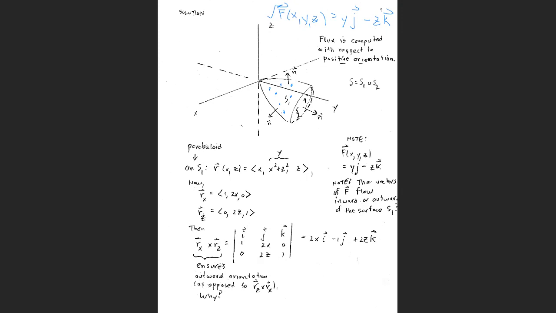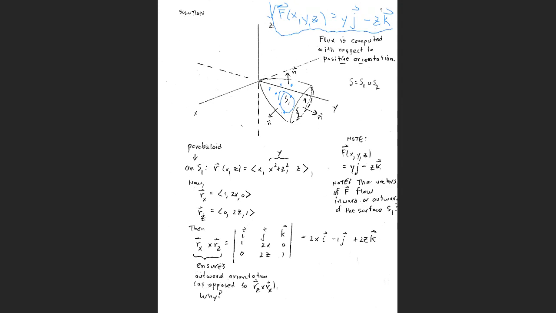The vectors generated from this vector field on the surface, would they be flowing inward or outward of surface S1, that paraboloid? Look at your components.